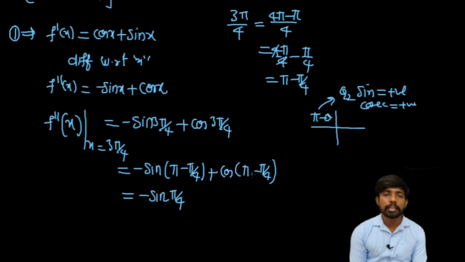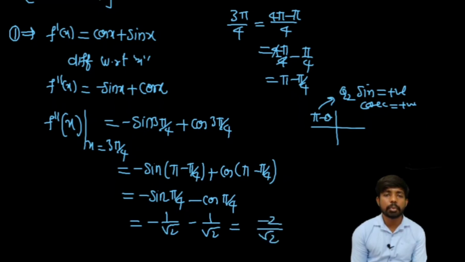Cos is negative in the second quadrant, because only sine and cosecant are positive and the rest are negative. Therefore this is minus cos pi by 4. So we can write minus sin pi by 4, which is 1 by root 2, minus cos pi by 4, which is 1 by root 2. Therefore we can write it as minus 2 by root 2.